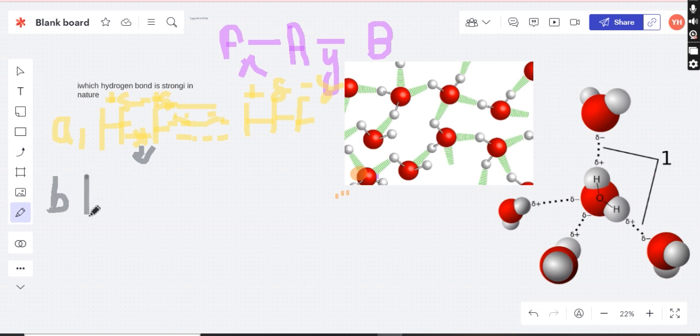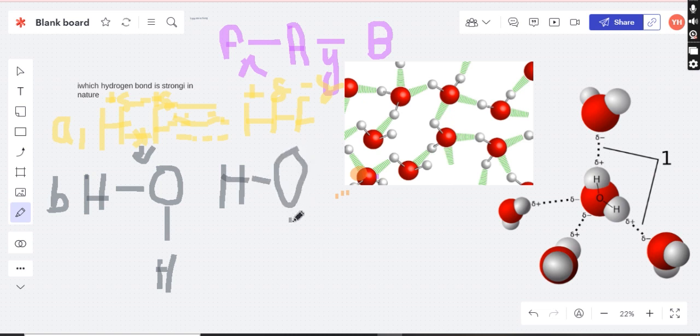Now the next is the water structure. It's something like this: H, O, and then O, then H. They are also making a bond here.